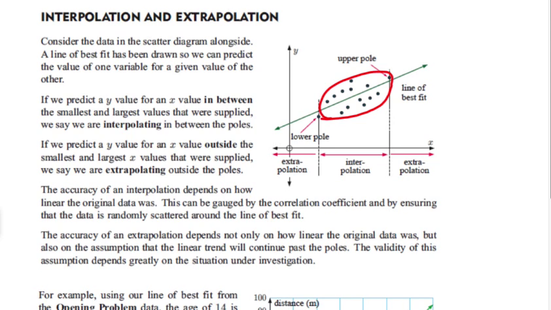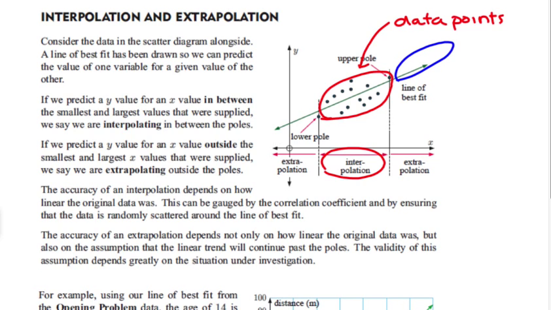Everything within those data points is interpolation. Now, if we want to make judgment calls later, like estimating, anything outside, so anything above here or below here, is called extrapolation, things that are not inside that data set.